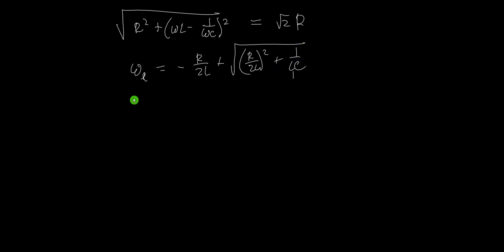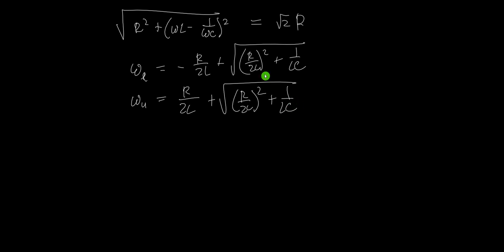And for the upper cut-off frequency, we add this to the resonant frequency: R over 2L, then plus the square root of R over 2L squared plus 1 over L times C.